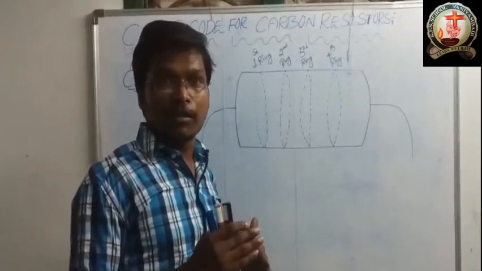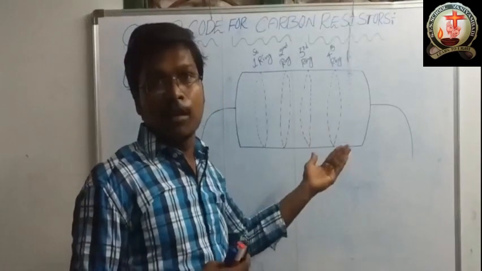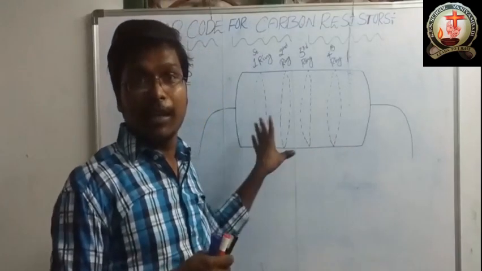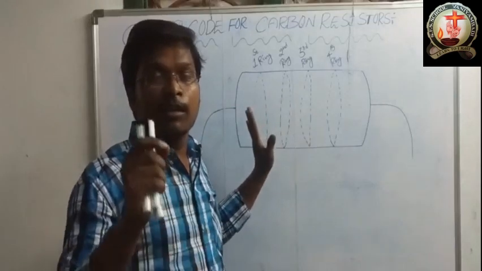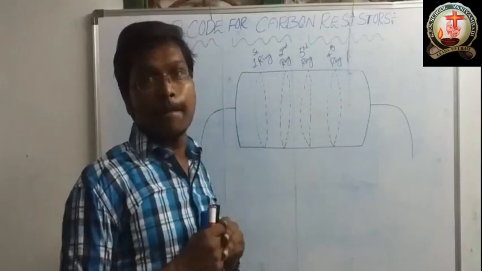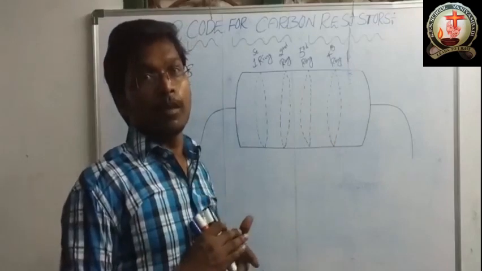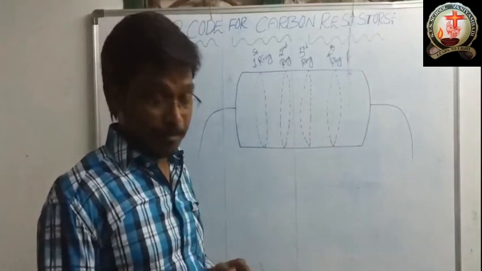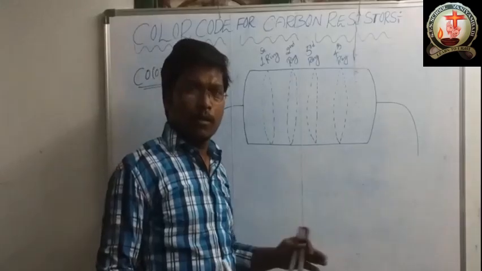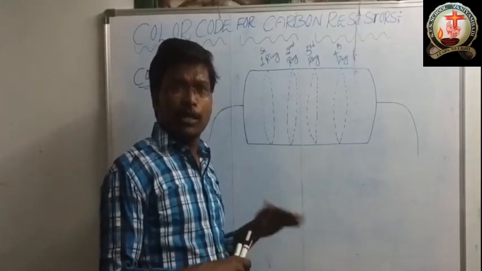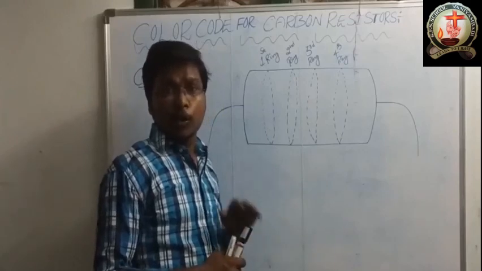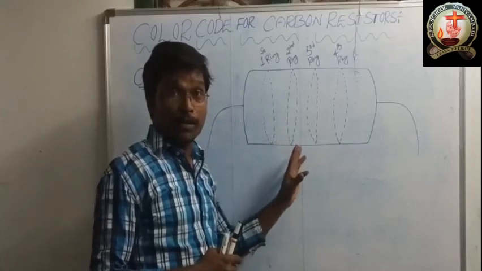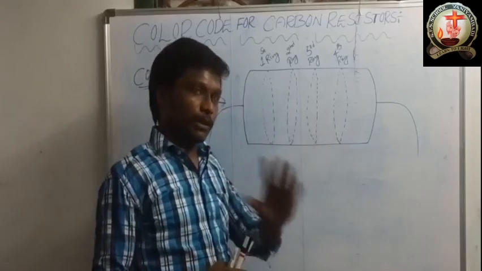Some resistors have the fourth ring and some resistors do not. But the first 3 rings are a must; each and every resistor has them. The fourth ring is the optional ring. So I will tell you some points about this carbon resistor and color rings, you can remember those points.